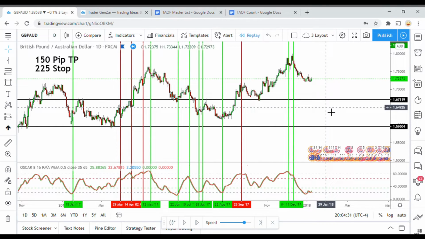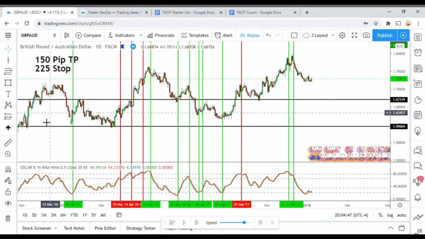So 13 trades all together. And we have 1, 2, 3, 4, 5, 6, 7, 8, and 9. So again, barely squeezing past the 60% criteria there. So yeah, this one will go on the yes list.